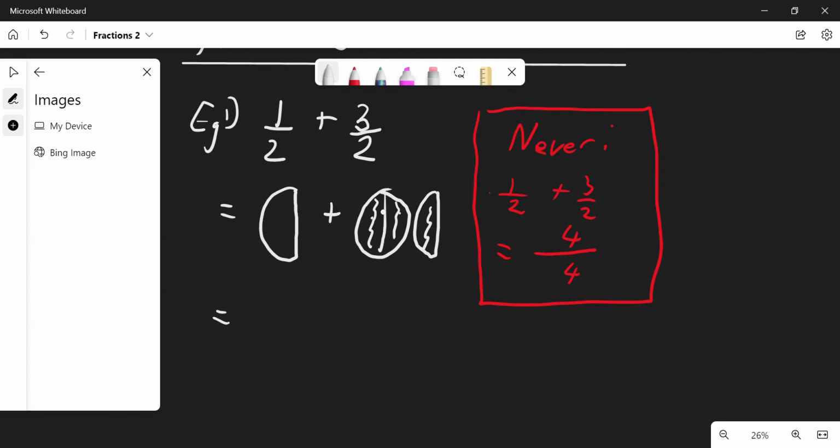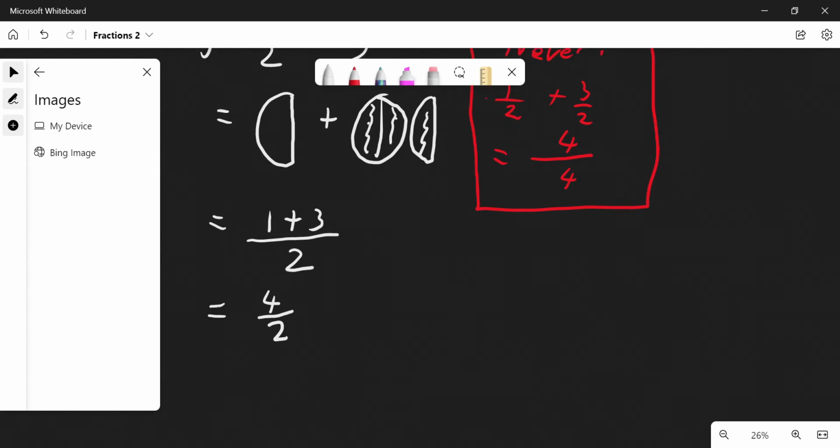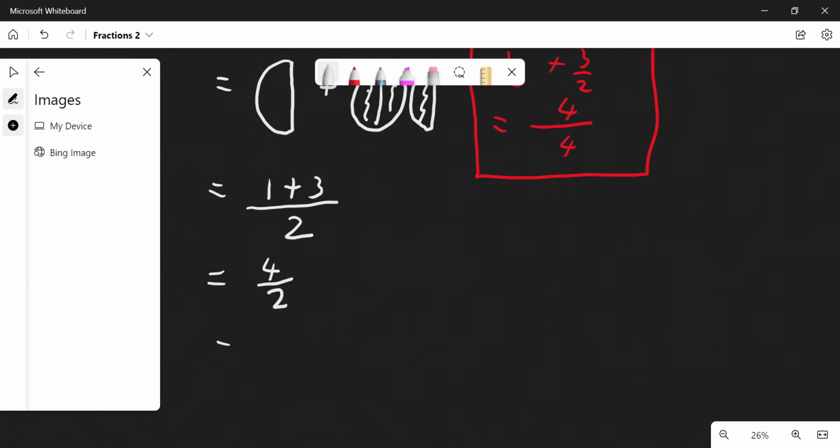So we're then going to say 1 plus 3 divided by our common denominator, which is 2, and that gives us 4 over 2. And if we think back to our simplification of fractions, 4 divided by 2 is equal to 2.